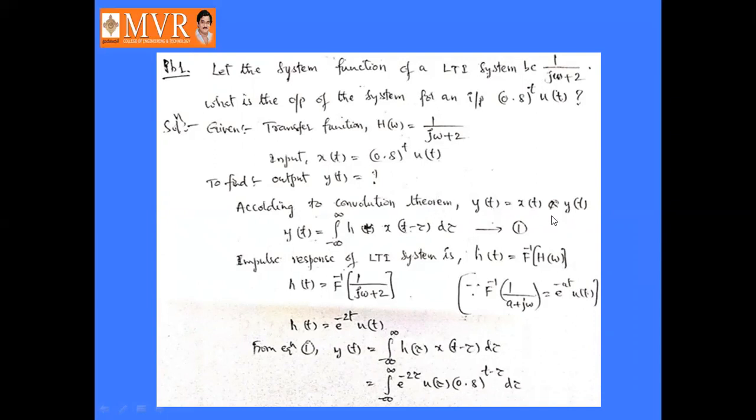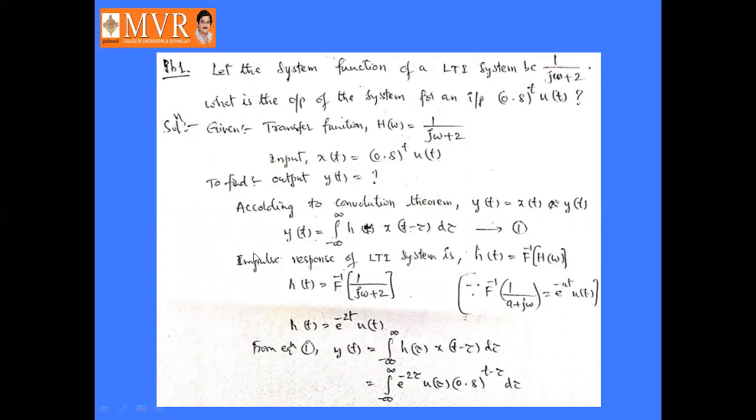So according to convolution theorem, y of t equal to x of t convolved with h of t. We can write the formula as y of t equal to integral minus infinity to infinity h of tau into x of t minus tau d tau. This is the convolution theorem formula.